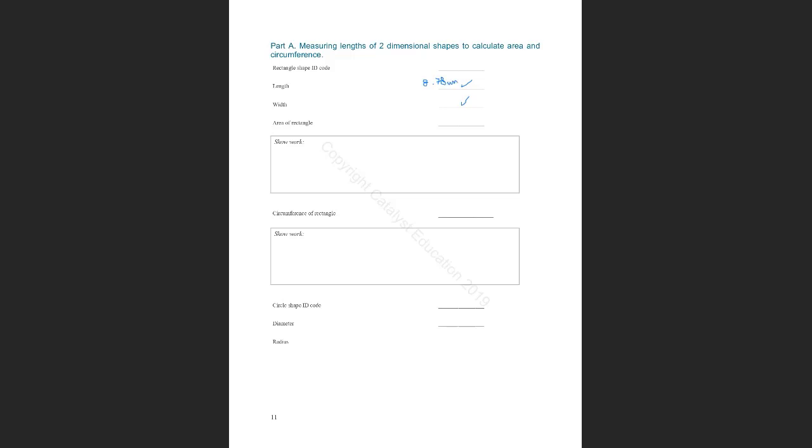And then the width will say 3.16 centimeters. And you will have to calculate the area, and you will have to show the work.